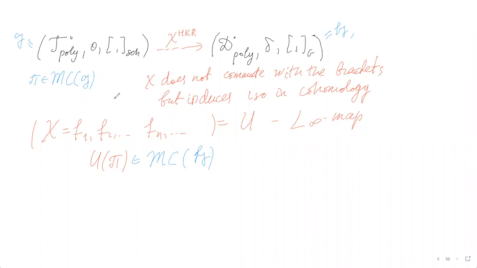Just before I say goodbye today, let me observe that the Hochschild-Kostant-Rosenberg theorem, which I formulated at the first lecture this semester, says that the HKR map induces an isomorphism in cohomology, an isomorphism of Lie algebras, even though it doesn't commute with the bracket itself.